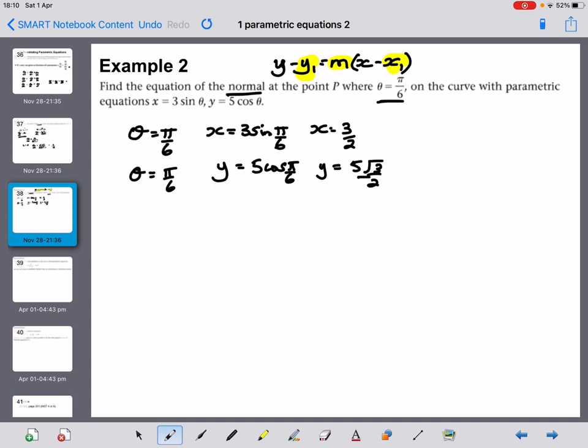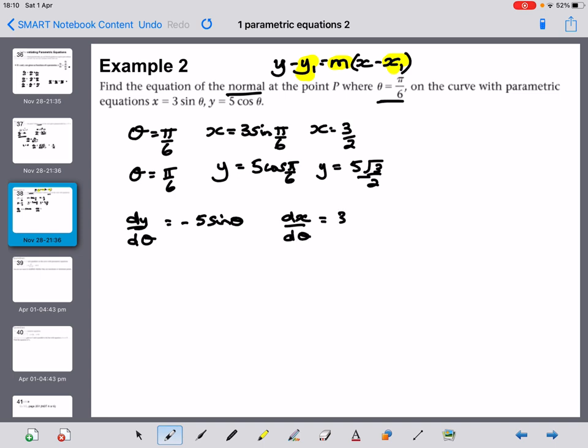So for the gradient, we're going to differentiate. Okay, dy by d theta. If y is 5 cos theta, the derivative of cos is minus sine. So that's going to be minus 5 sine theta. If x equals 3 sine theta, the derivative of sine theta is cos theta.